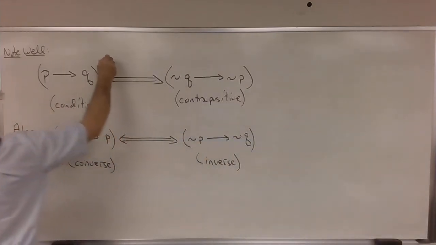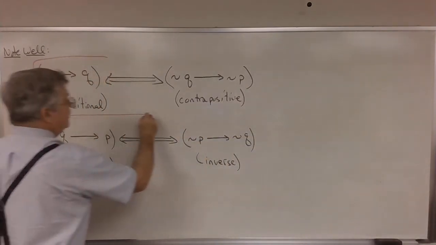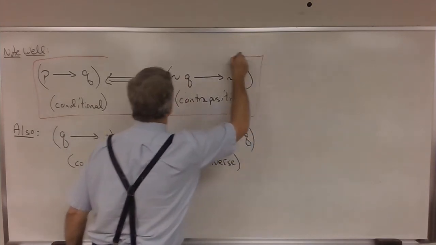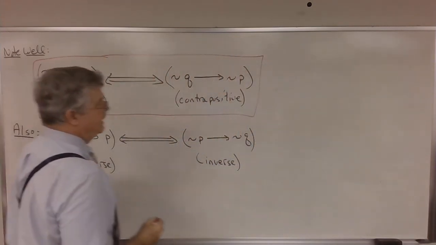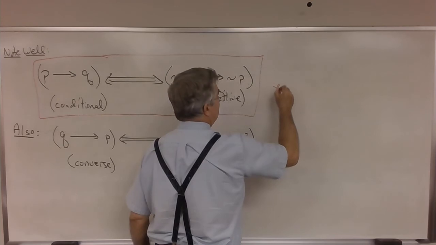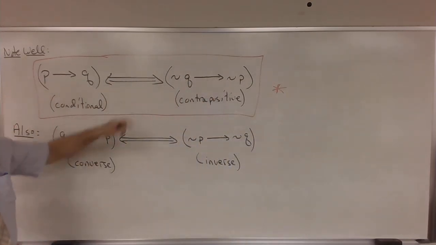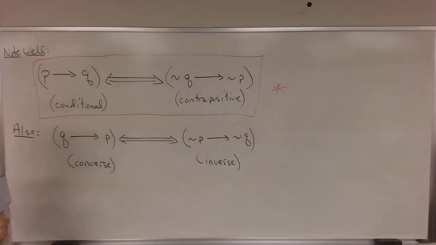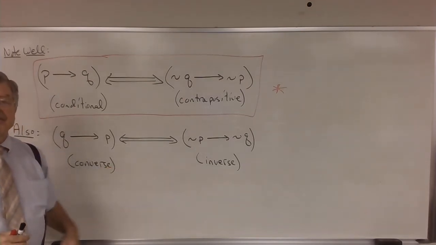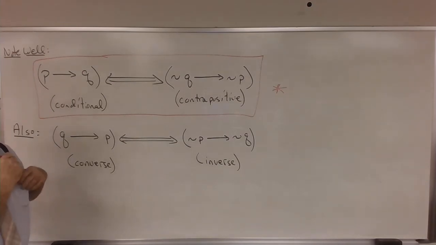So this is the big result we take away. The original conditional and its contrapositive are logically equivalent. It's also true that the converse and the inverse are logically equivalent, but these are not terribly important, believe it or not.